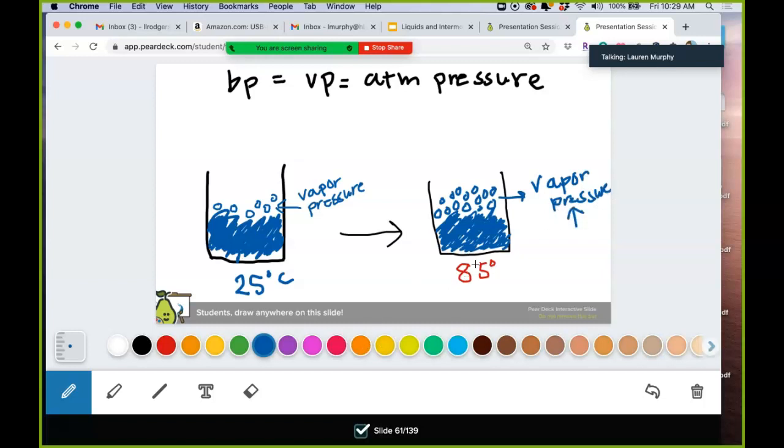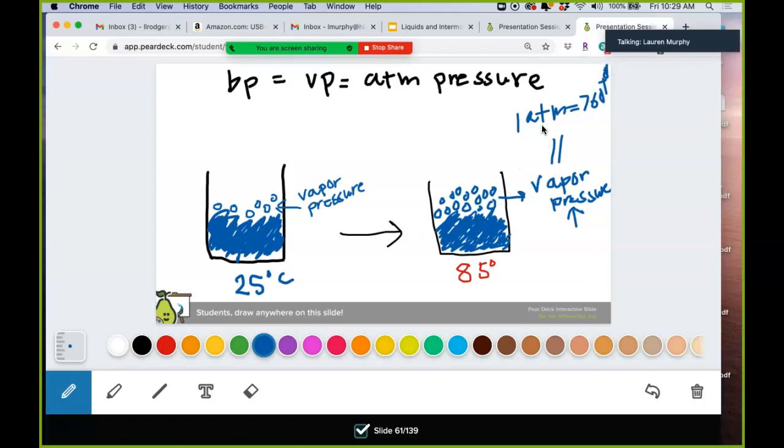And if you heat them up until the vapor pressure equals atmospheric pressure, aka 1 atmosphere or 760 torr, you will be boiling. And for water, that happens at 100 degrees Celsius, meaning the vapor pressure would be 1 atmosphere at 100 degrees Celsius. That meets and exceeds atmospheric pressure.